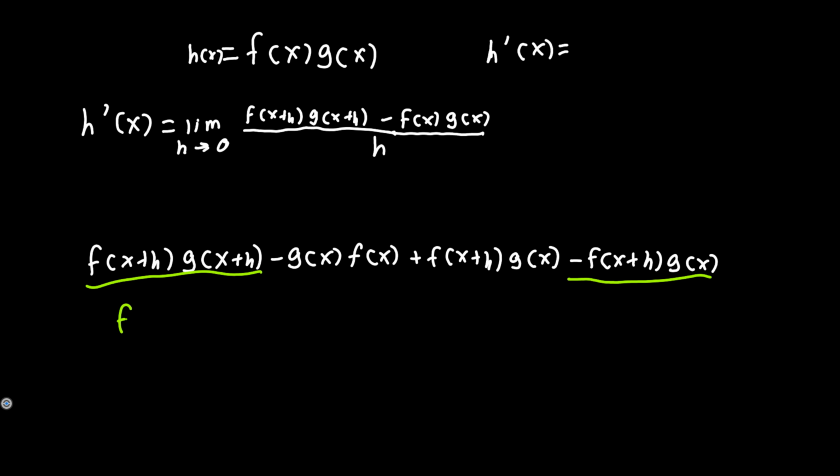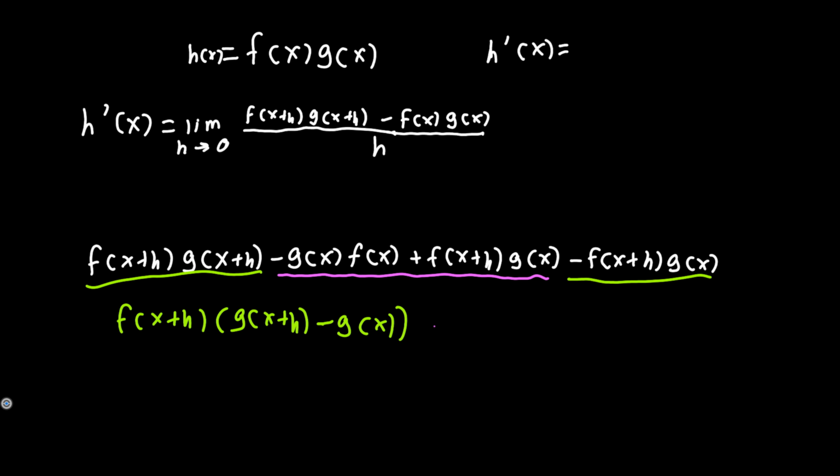So we will have f of x plus h times g of x plus h minus g of x. And similarly, we have the middle term that's left in pink, and we could factor out a g of x. So we have plus g of x times f of x plus h minus f of x.